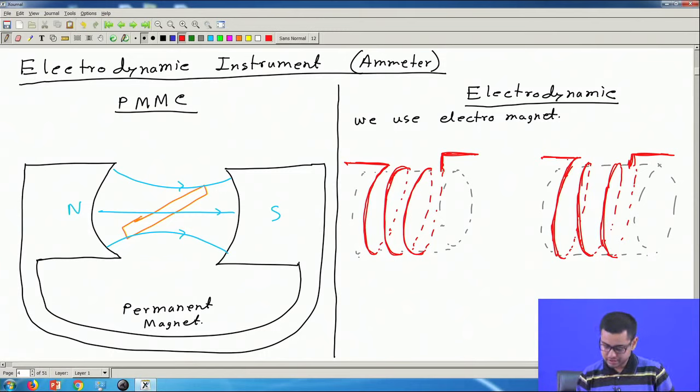Now, if we have any current I through this and also some current I through this, so this will act like a magnet. Let me draw the coil completely for a better visualization. So, now if there is some current, it will generate some magnetic flux like this.